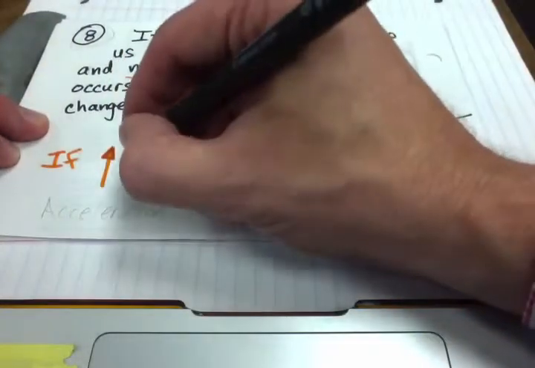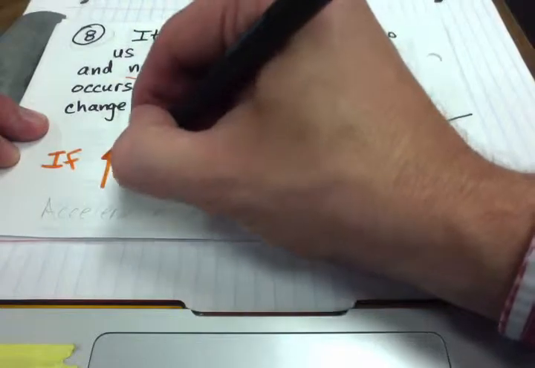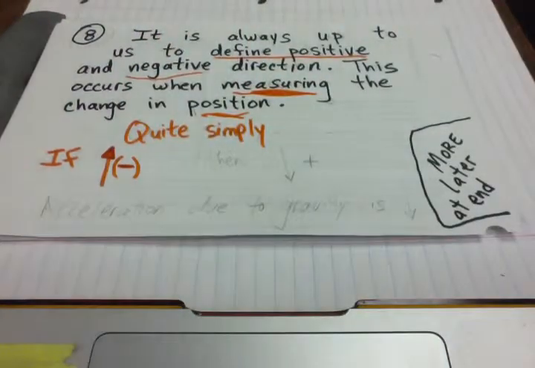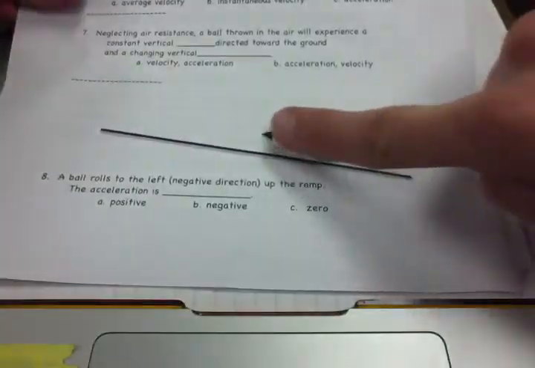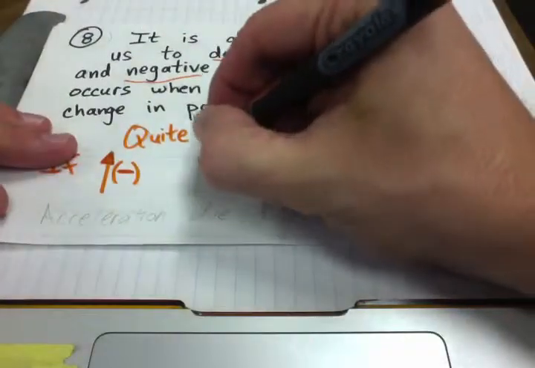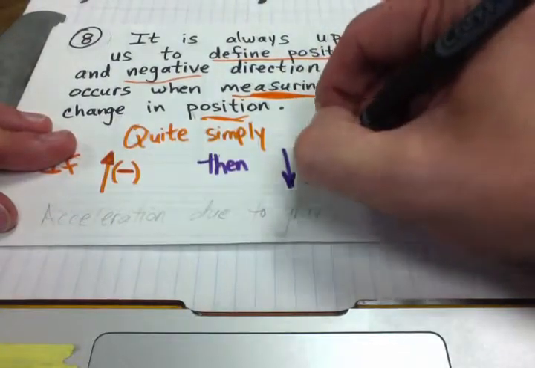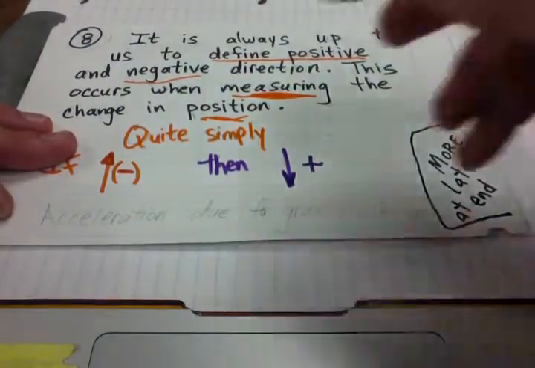But if we're saying it moves up the ramp, and up the ramp is negative, if you look at that picture, that thing moving up the ramp, going to the left, it says it's negative. So if up is negative, then that means coming down must be positive.